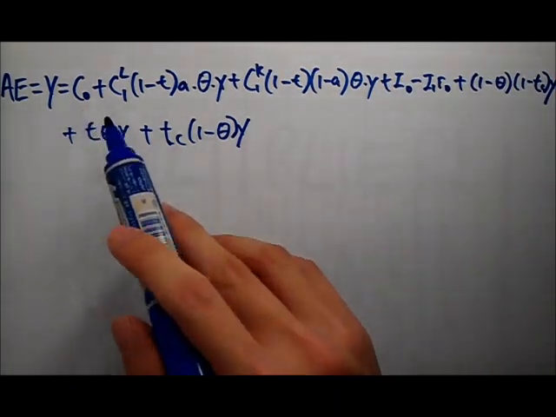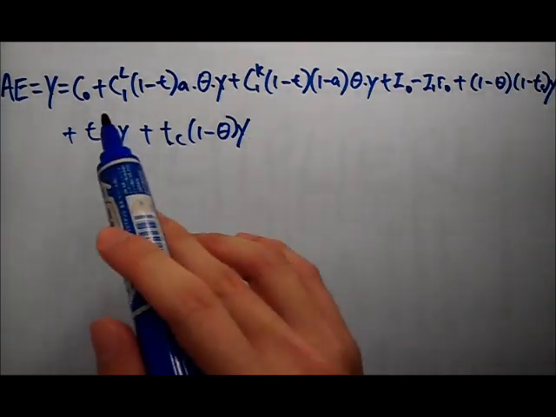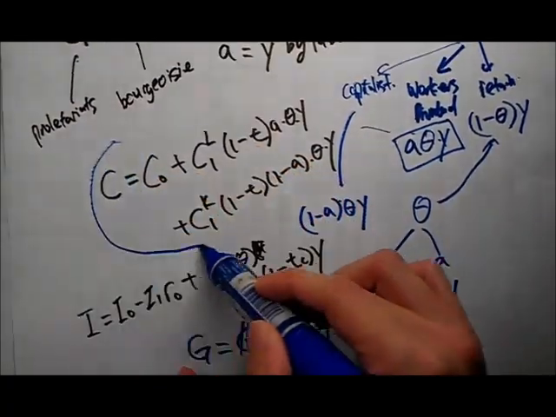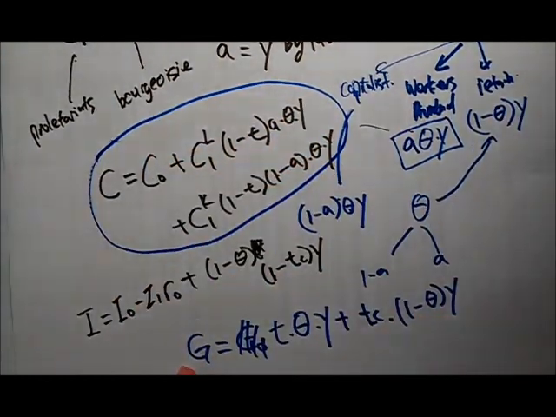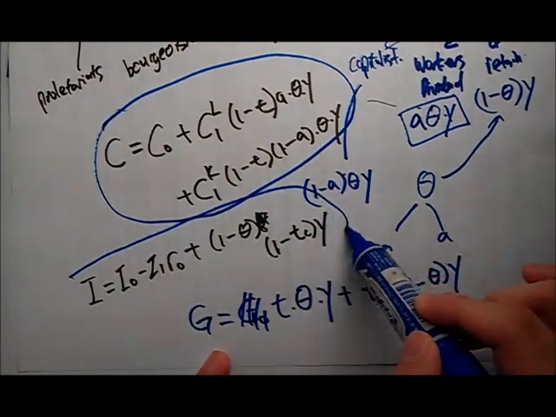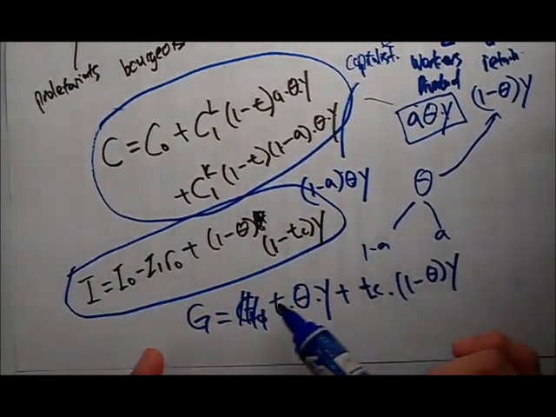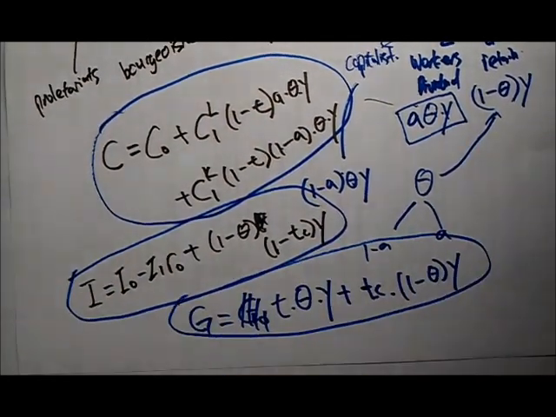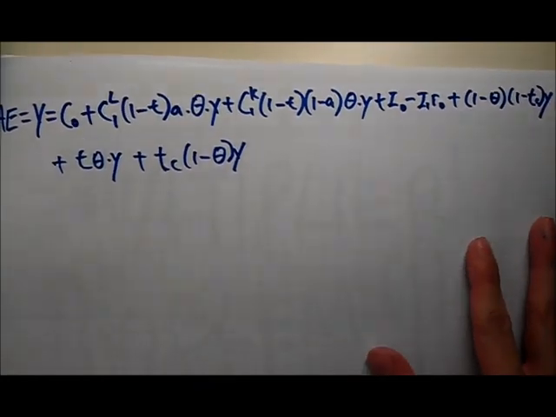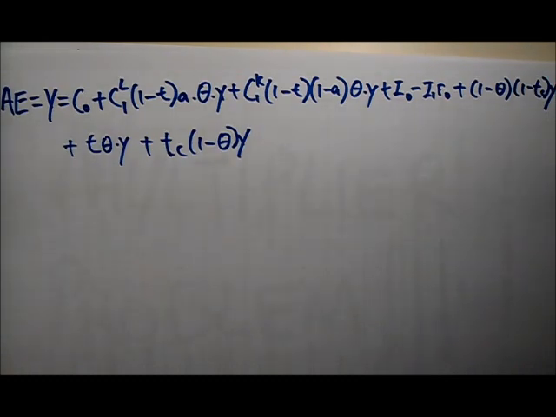It's basically C plus I plus G. My components for C is this. If you can't see, pause the video and check it out. This is my I, and this is my G. Okay, let's get back to this equation. We will find the multiplier by tonight.